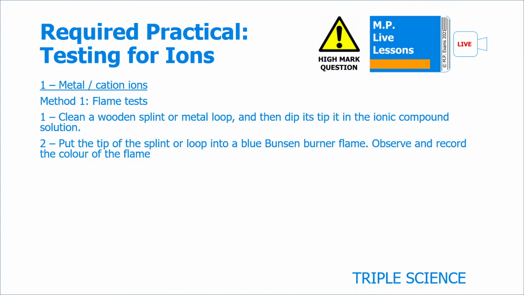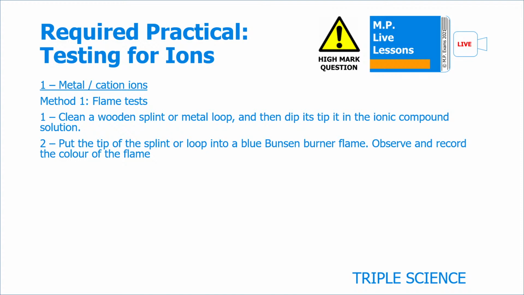Simple as that. And remember, if you want to test for another substance, you'll need to clean the loop again and dip it so it doesn't contaminate. So you can easily say it's the different substance causing the different flame.